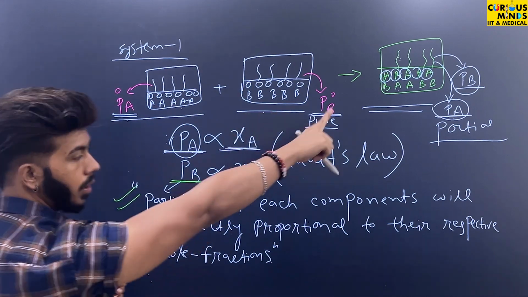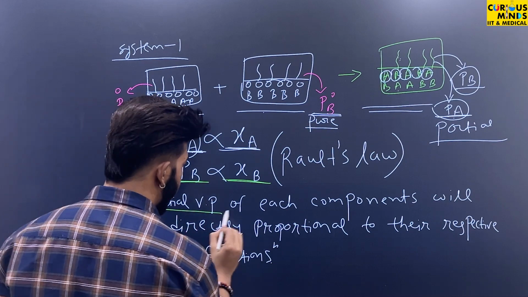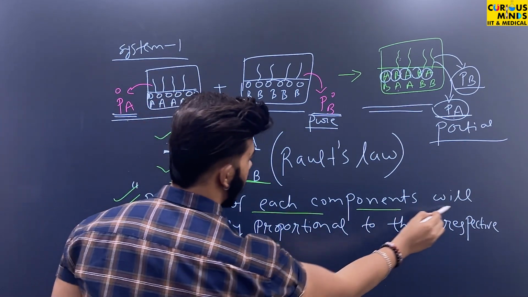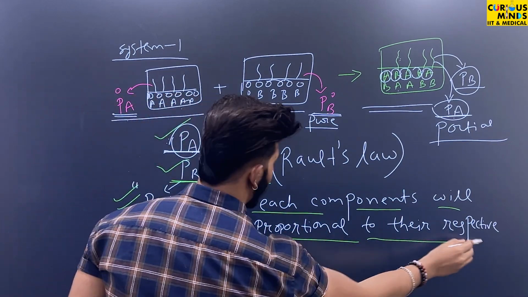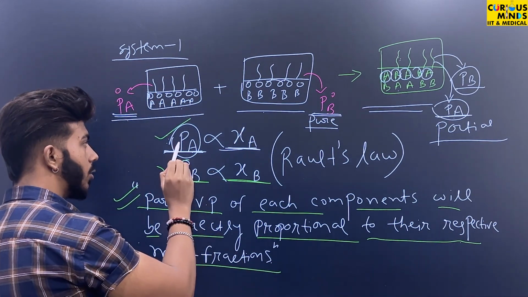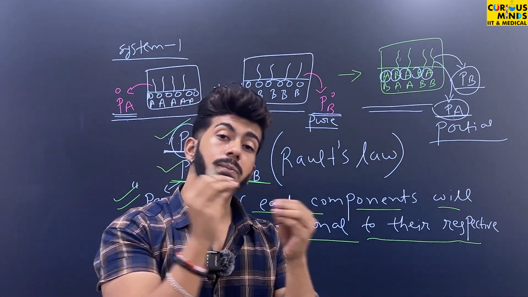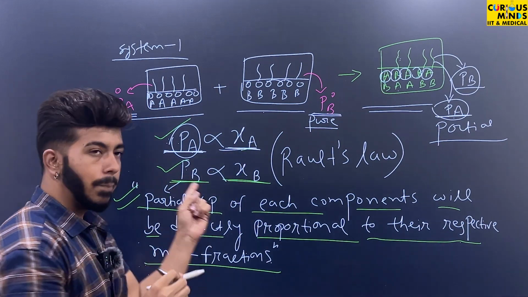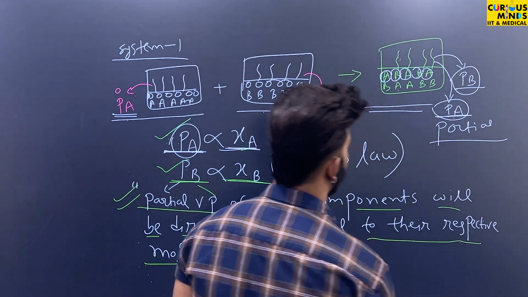In a solution, I'm talking about solution, partial vapor pressure of each of the components will be directly proportional to their respective mole fractions. That is, PA is directly proportional to XA, PB is directly proportional to XB. This will be the Raoult's law.